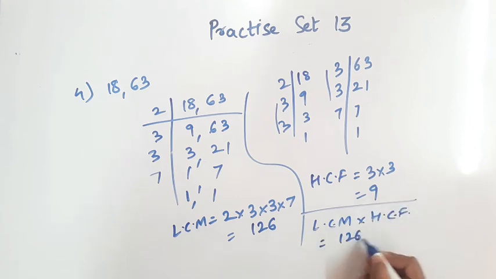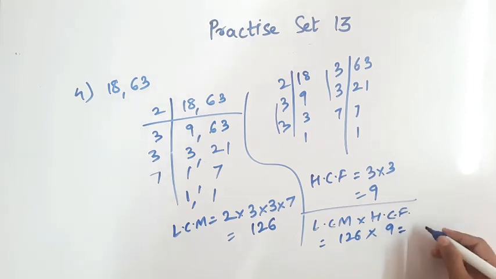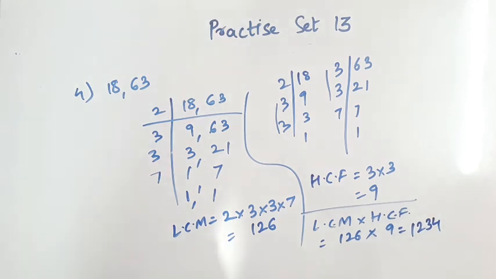That is 126 into 9. What is 126 into 9? 1260 minus 126. Okay, it's 1134.